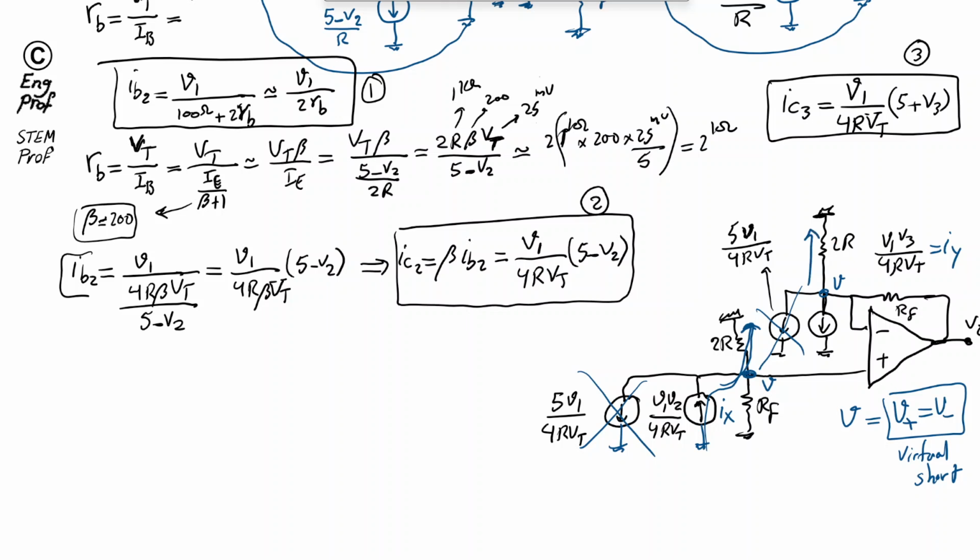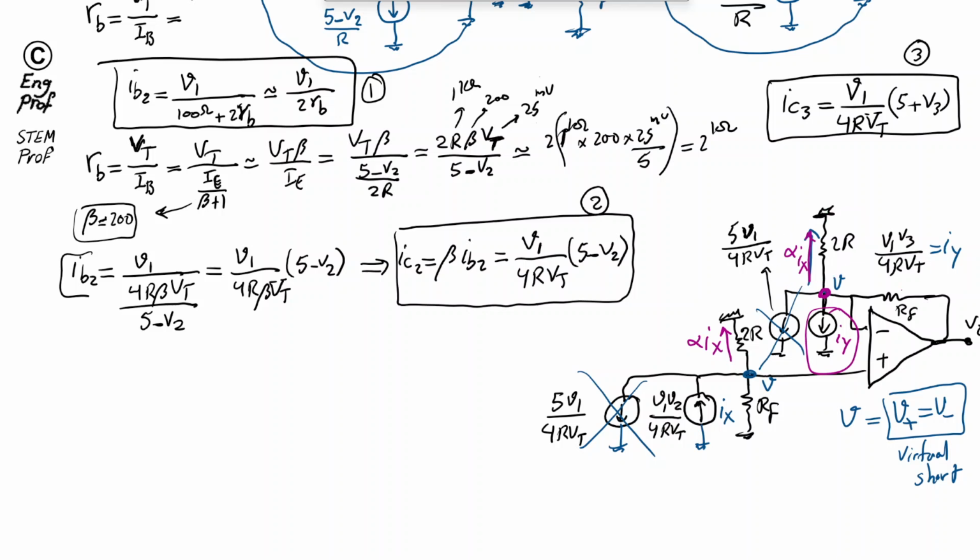So let me move this value of R to the other side so that things are easier to follow. Okay, so if we have basically here alpha IX, we should have alpha IX here as well. Now things are easy because here we have IY. At this node, effectively we have IY going down and alpha times IX going up.